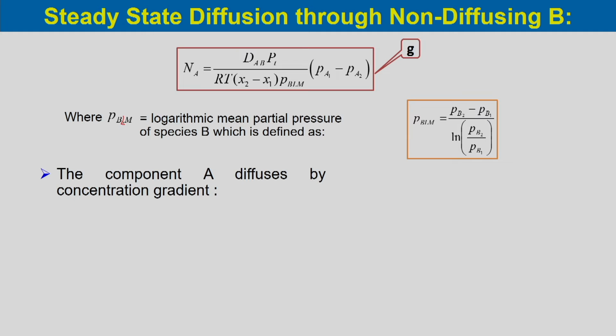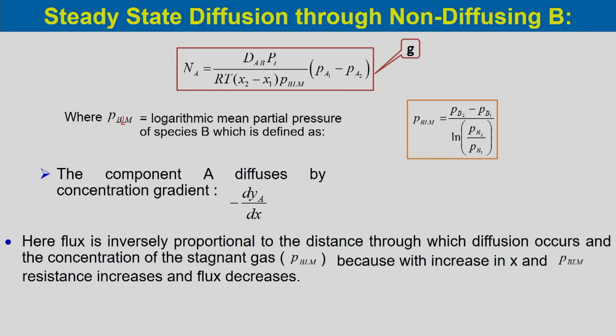The component A diffuses by concentration gradients. The gradient is minus dYA dx. Here flux is inversely proportional to the distance through which the diffusion occurs and the concentration of the stagnant gas, that is in terms of the logarithmic mean of partial pressures of species B, because with increase in x and Pblm resistance increases and flux decreases.